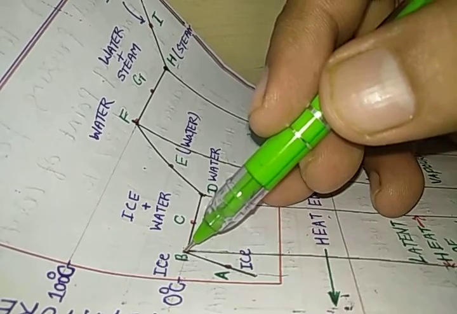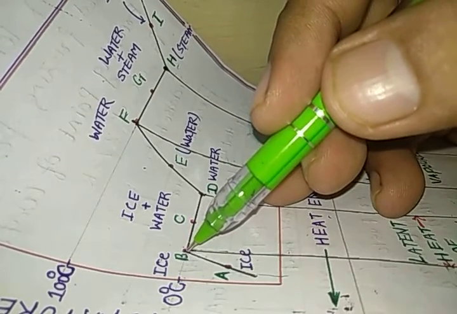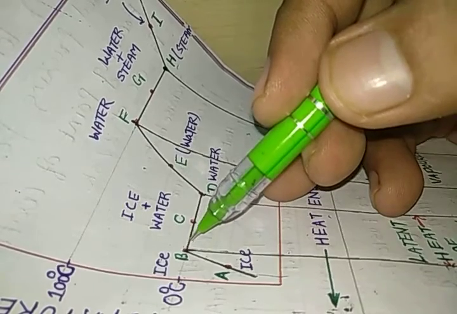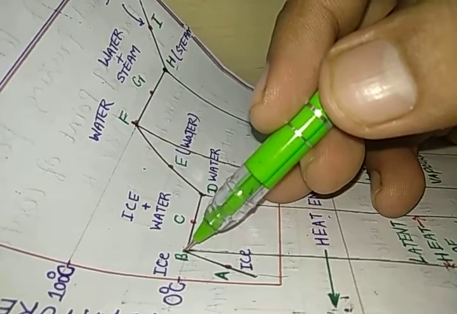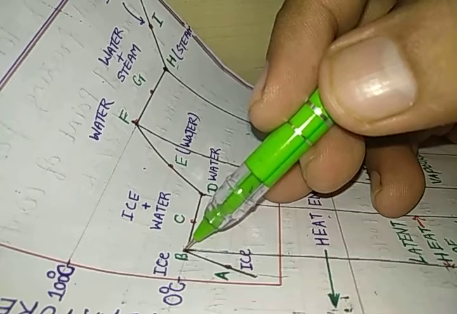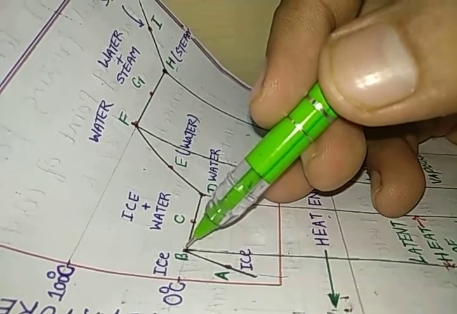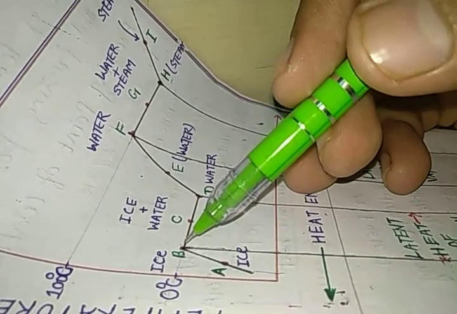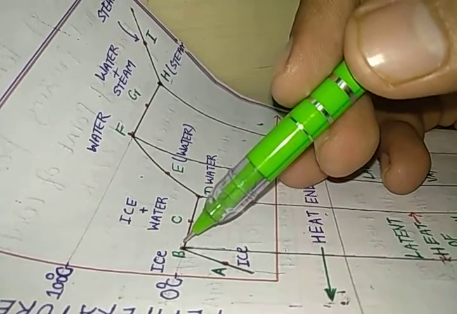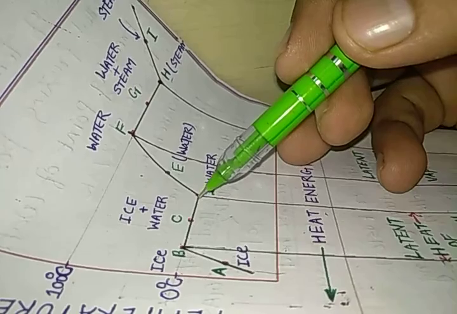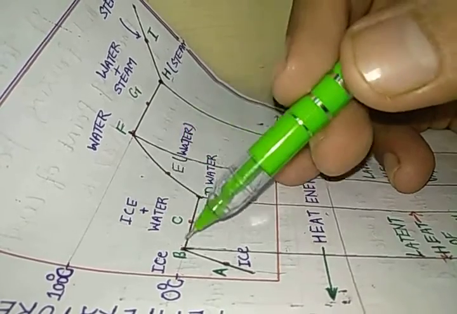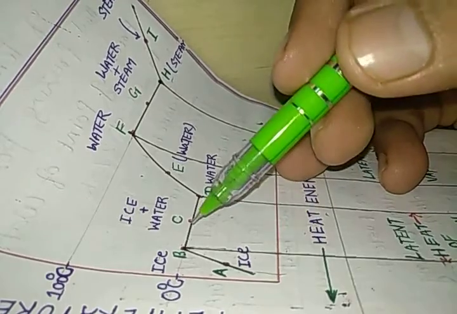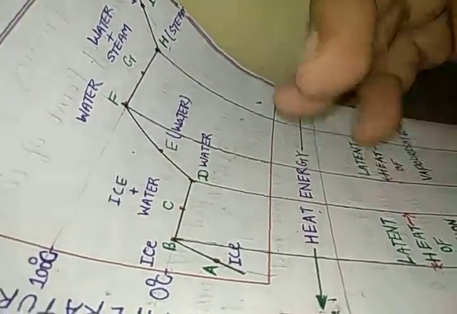Now at point B we have 1 kg ice, but immediately after that, if we give a little bit of heat energy, ice starts melting, and that is why this is also known as the melting point of ice. As we move in this direction, you can see a horizontal graph, which is not going up but going straight, parallel to this axis, and that is why we call it a horizontal graph.